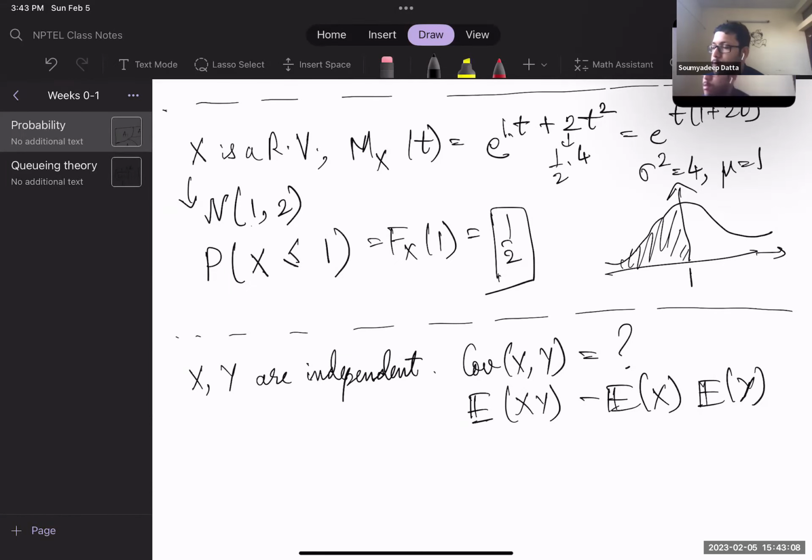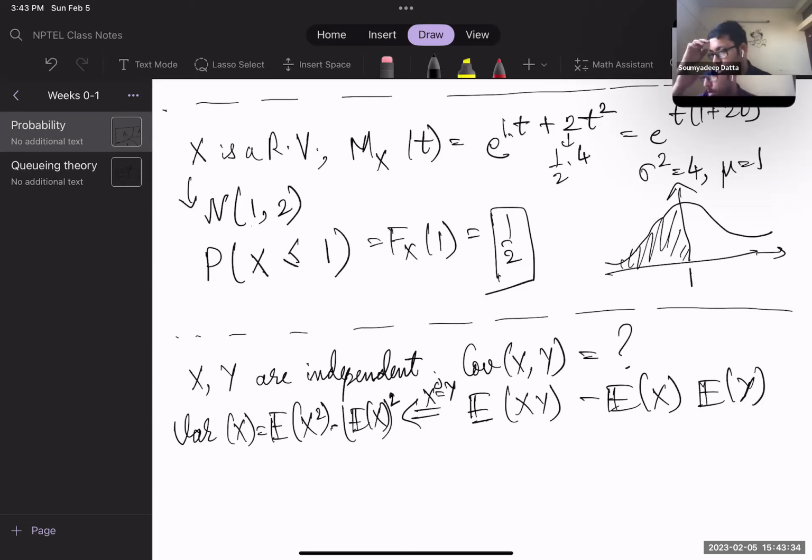A special case of this is the variance, where if you take X and Y as the same random variable, you get the variance of X, which is the expectation of X square minus the expectation of X whole square. But you want to capture the dependence between two variables, so you will go to covariance.